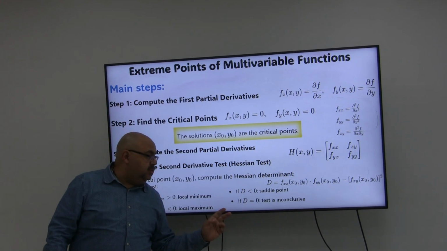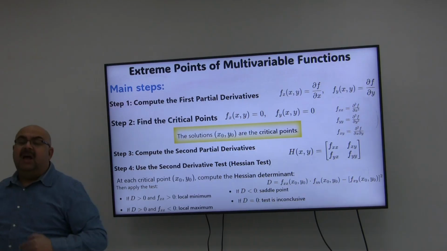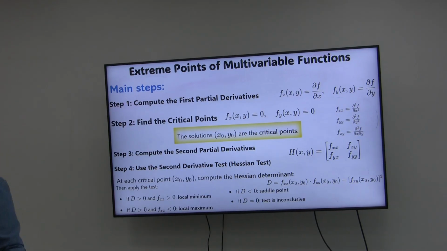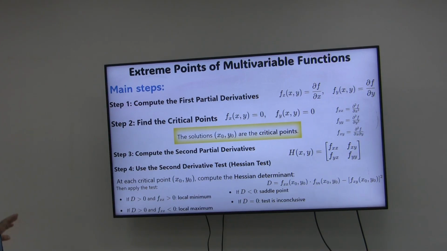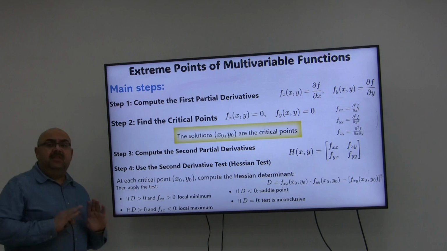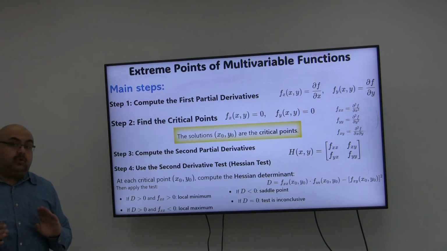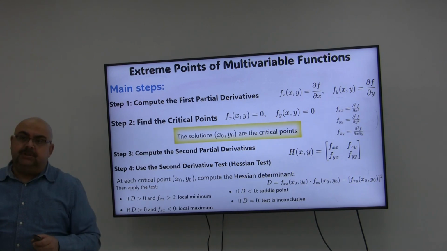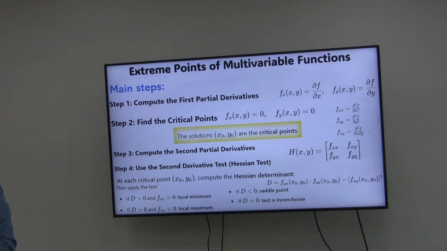If D is equal to 0, the test is inconclusive, and we will go to the next step or further investigation in order to determine if this point is a saddle point or an optimality point. I believe this slide summarizes the main steps that we usually do in order to search for the probable local optimality.